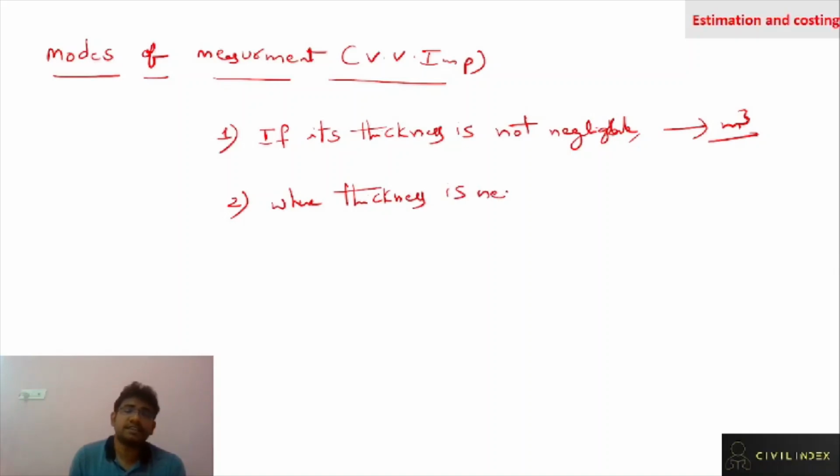Then suppose you take a parameter where thickness is negligible, or thickness is mentioned in the specification. For that, the units of measurement is meter square.